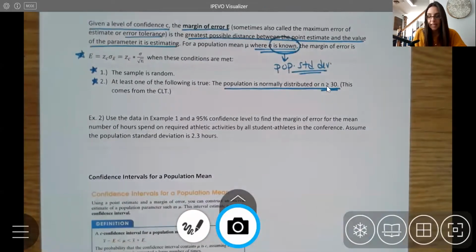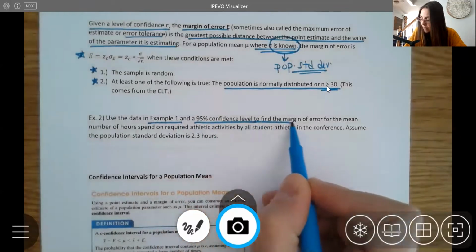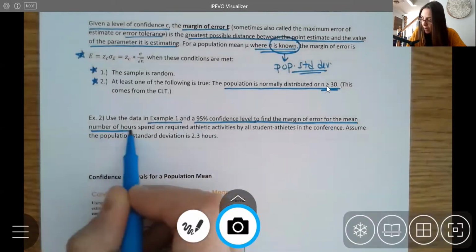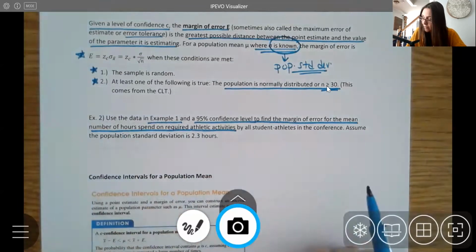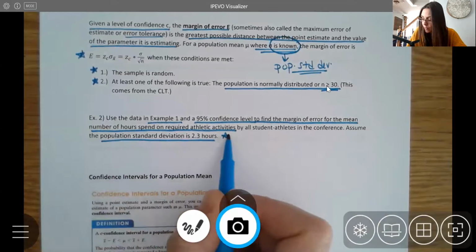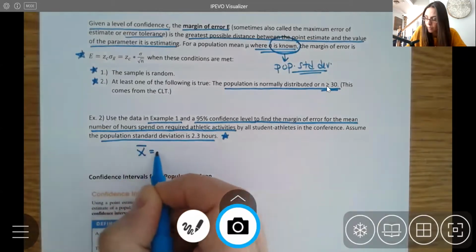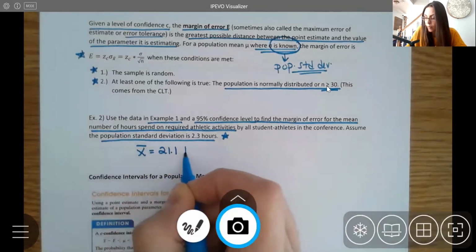All right, so let's use the data in example 1 and a 95% confidence level to find the margin of error for the mean number of hours spent on the athletic activities. And we're going to assume that the population standard deviation is 2.3 hours. So if we go back to example 1, we found before that our sample mean was 21.1 hours.